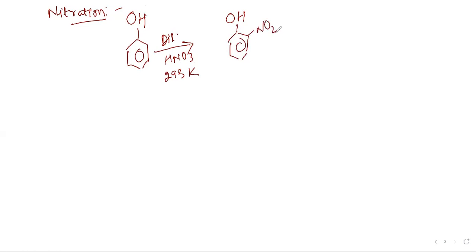Here the electrophile is NO2, the nitronium, and it will always attack the ortho and para positions. Why? Because the OH group activates your ortho and para positions. Just remember this concept while looking into these reactions.